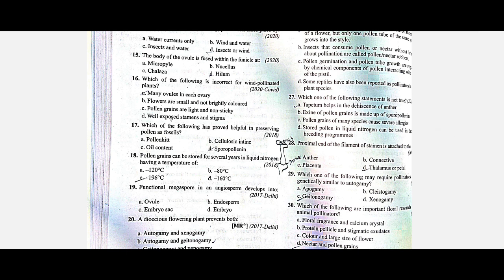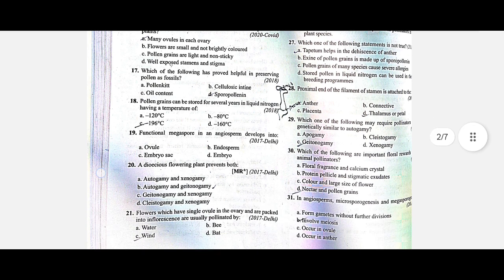Pollen grains can be stored for several years in liquid nitrogen at a temperature of minus 196 degrees Celsius. This is the answer. Question number 19. Functional megaspore in the angiosperm develops into? Comment your answer in the comments. Question 20. A dioecious flowering plant prevents both?